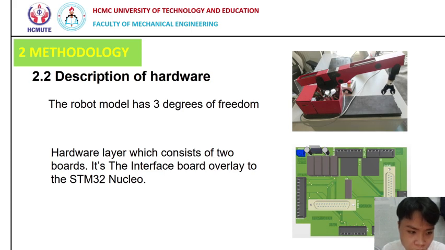It had old motors and gears which were replaced with new ones. The robot model has 3 degrees of freedom, as I said, defining the robot's position in X, Y, Z space. The first one is responsible for rotation around the vertical axis, and the next two control rotation around the horizontal axis.